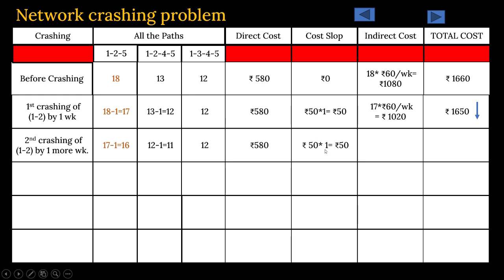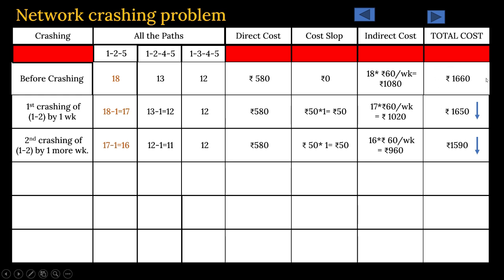So 50 multiplied by 1 week, that is 50 rupees again involved. And your overheads now, it is no more 17 days, it is now 16 days project duration. So project duration 16 days multiplied by rupees 60 is your indirect cost, altogether 960. And if you add these three costs, your project cost will come down to rupees 1590.